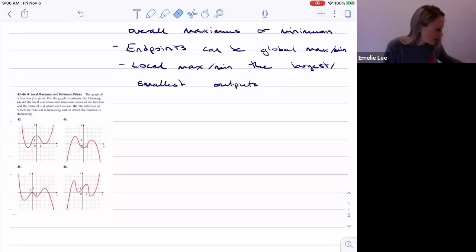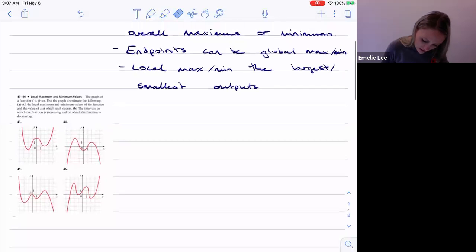Now, the textbook does a good job, they've got this little blurb. Let me grab it so we can move on. I can't see it here, but anyway, the local max and min is essentially where it changes from maximum to minimum.